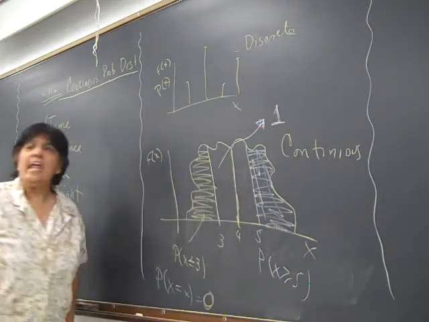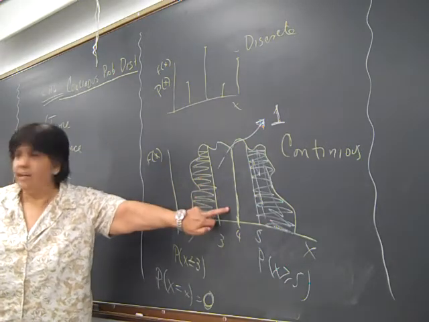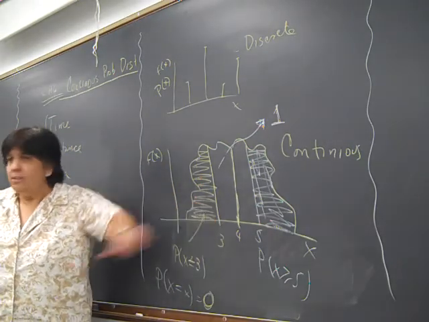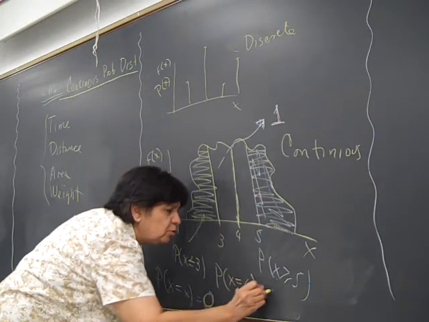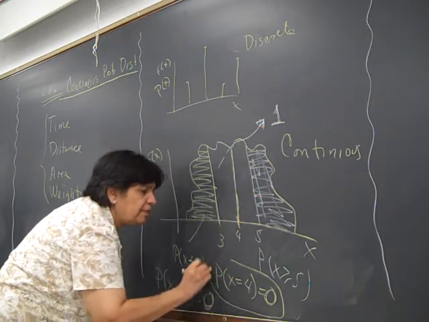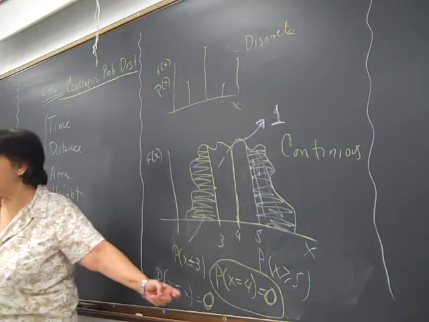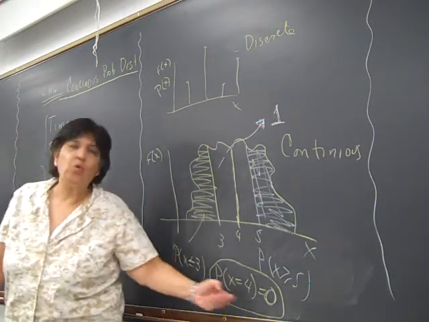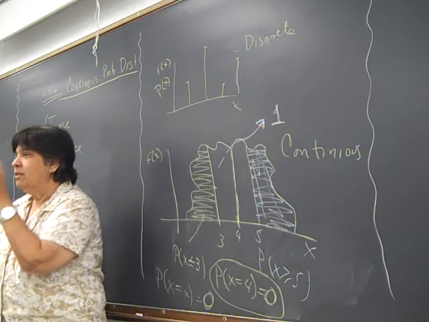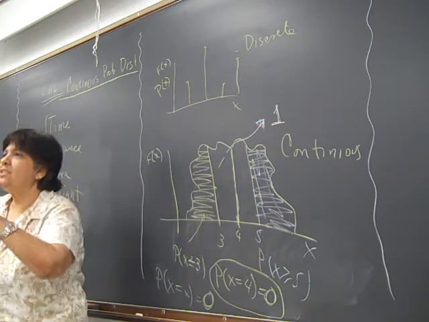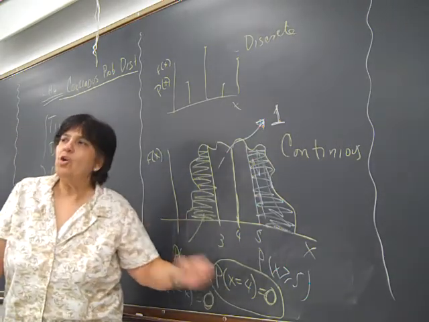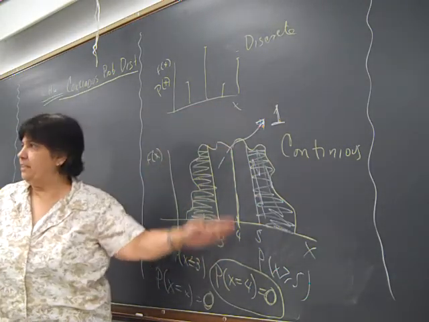Is there any area over here on this line? It's not area. So the probability that x is equal to 4 is equal to 0. The probability that a continuous variable is equal to one particular number is 0, because probabilities are measured by area, and there is no area in one point.